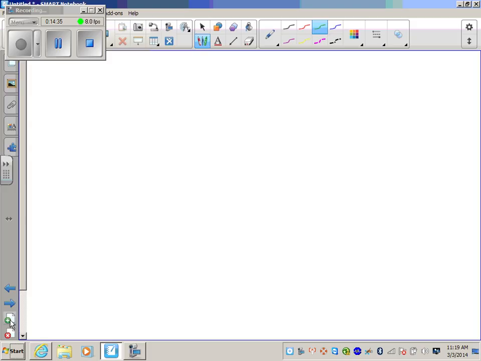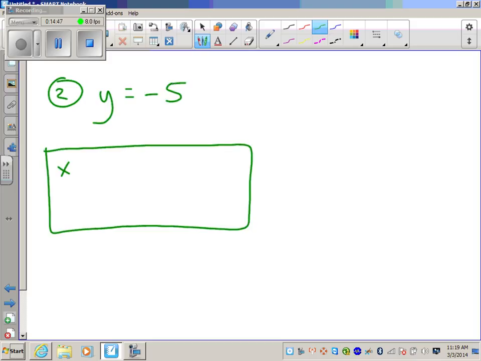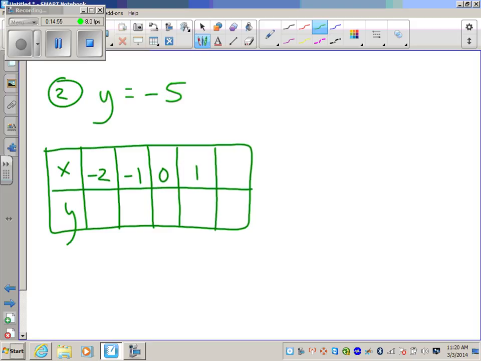Number two is a little bit different. Y is equal to negative 5. What's different about this equation? It doesn't tell us what x is. It just tells us that y is equal to negative 5.